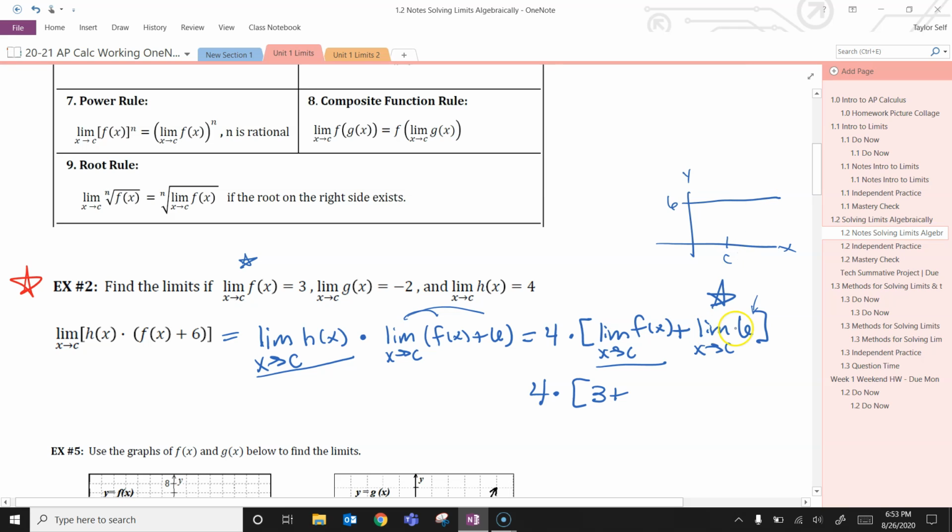So the limit of a constant, this is a rule that you need to know, the limit of a constant is just that constant. The limit of any constant is the constant. So this is 3 plus 6. Okay, equals 4 times 3 plus 6 is 9 equals 36. Boom, done with that one.